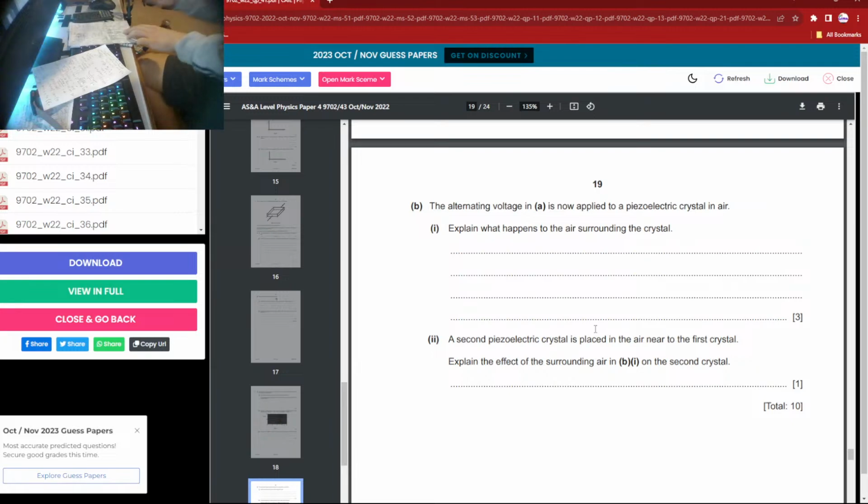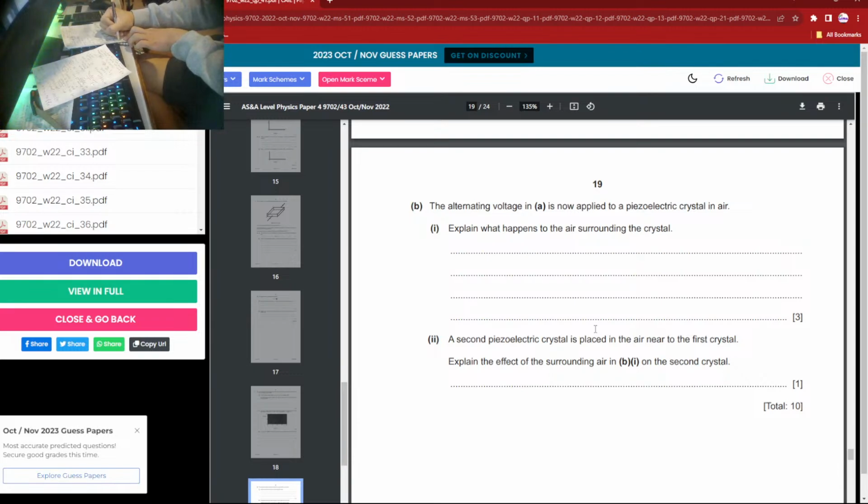Yep, so B1: as PD applied, crystal vibrates. Hence, surrounding air vibrates.